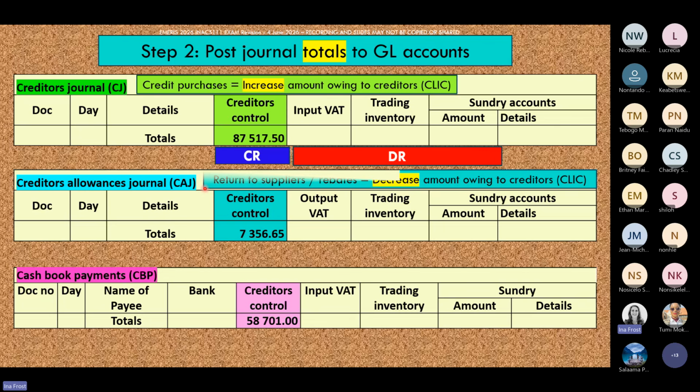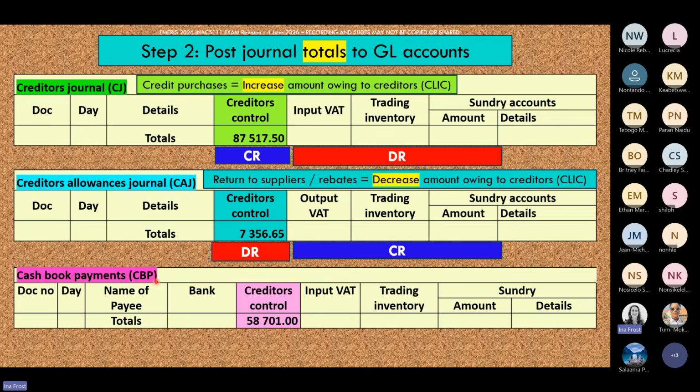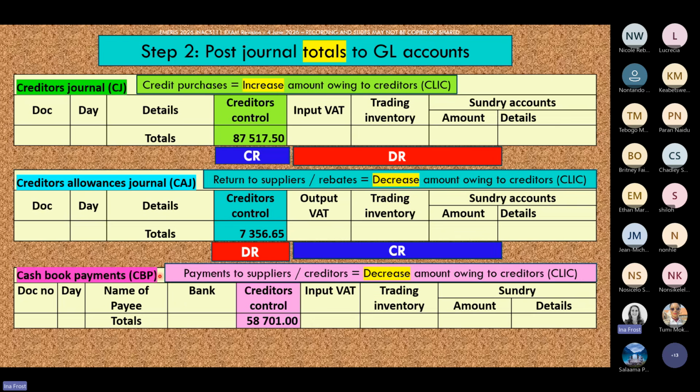Then our creditors allowances journal, that is the items returned to the suppliers, and those are going to decrease the creditors control account. So that means we have to debit the creditors control account. And lastly, the cash book payments. Those are the payments we've made to our suppliers. It's also going to decrease the creditors control account, so that's going to be another debit.